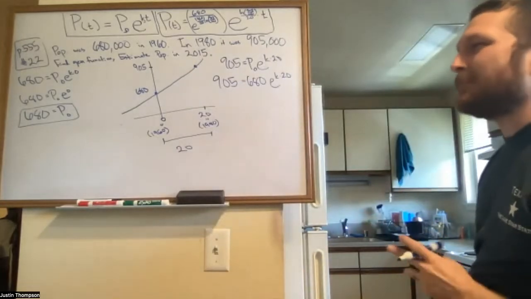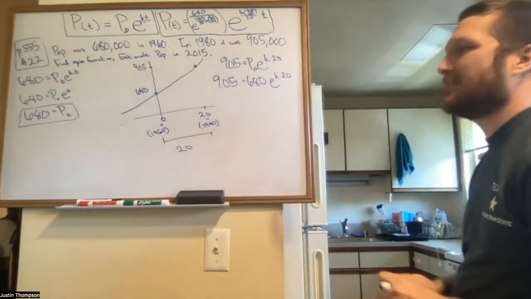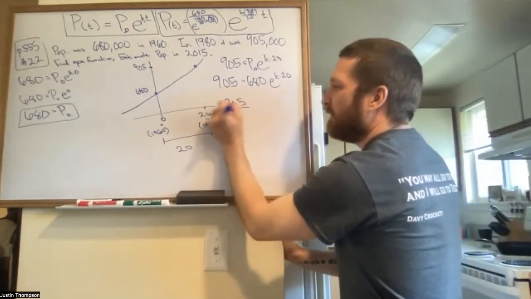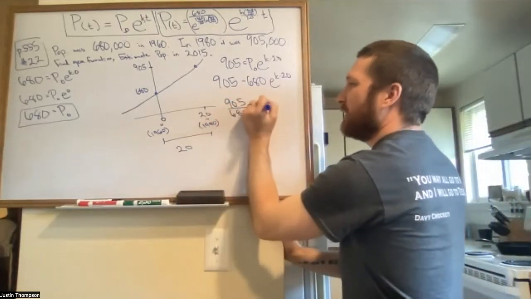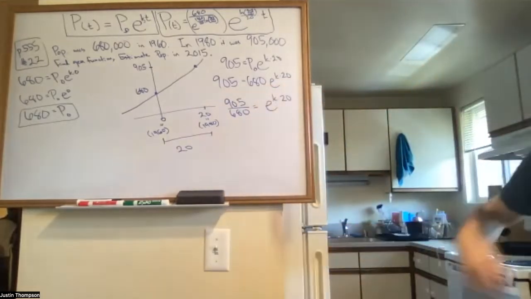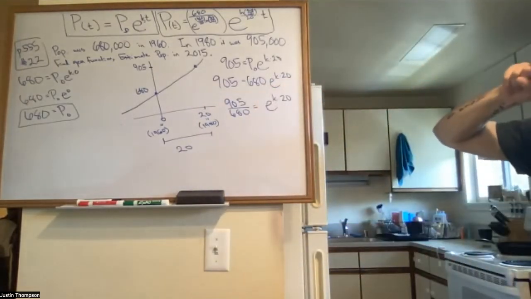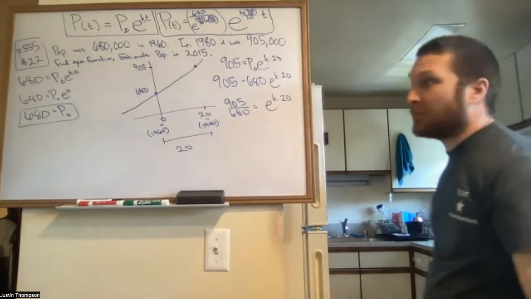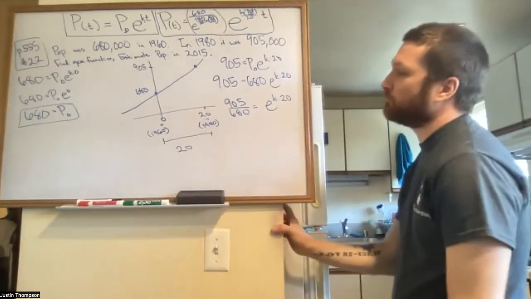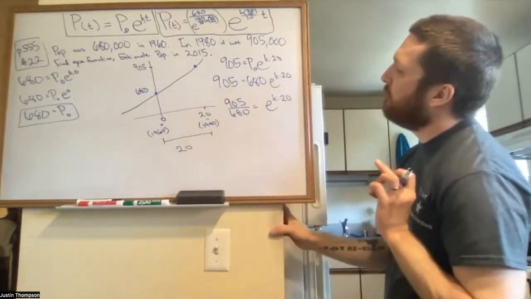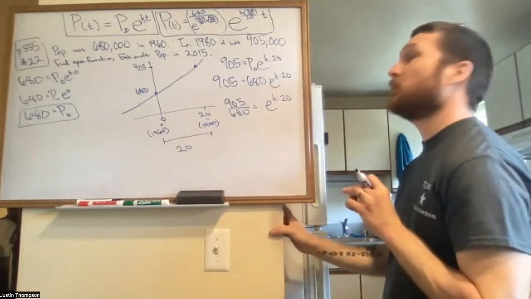And so I'm going to divide both sides of this equation by 680, and I'm going to get 905 over 680 equals e to the k times 20. You can see that this is much easier this way because we're almost done. Let me know when you get to this point, and if you have any questions along the way.